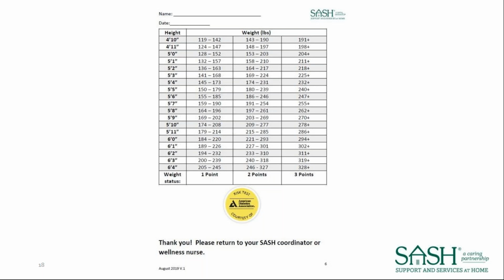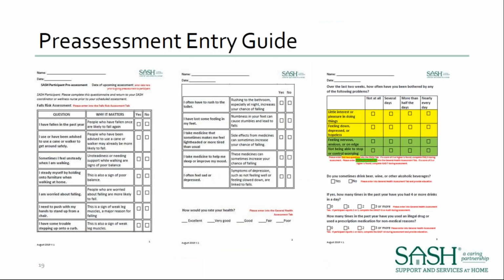Okay, so next slide. I know this is really small, but I just wanted to show you that I've put together a guide for entering this into PHL, because it is a little bit all over the place, which is the challenging part about this. If you are not super comfortable with PHL, it takes a little bit of time to learn where each question gets entered, because we did pick apart the general health assessment and pull it out into little pieces.